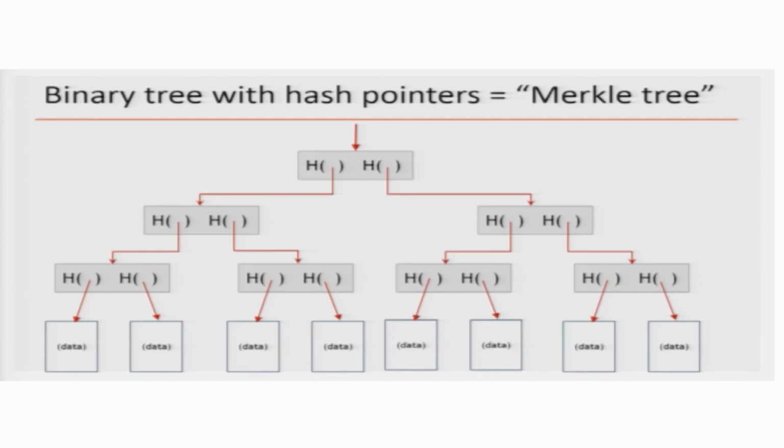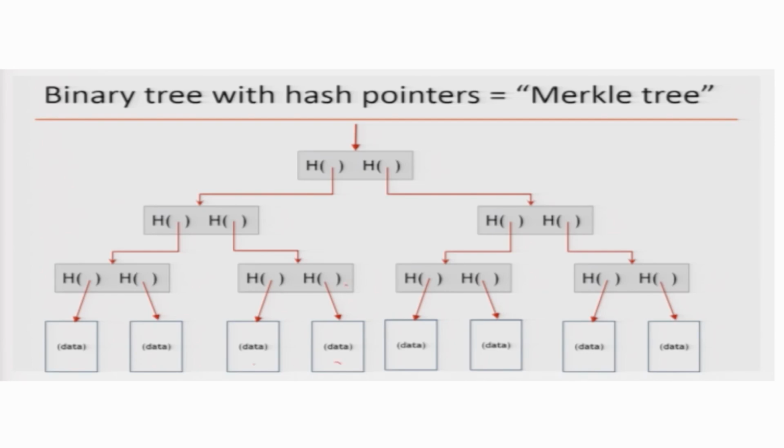If you have a block of data, you have a hash pointer to it. Now, if you have another block of data, you can have a hash pointer to it, and then you combine these two hash pointers as a block, compute the hash of those and create a hash pointer to those. Now, you have two more blocks of data.